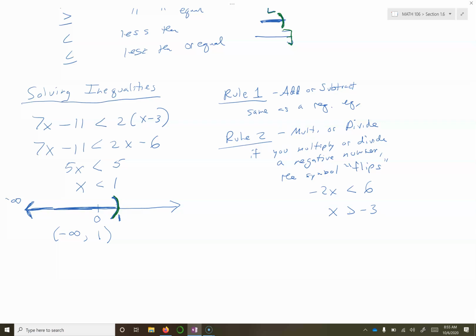The number line solution is obvious. The interval notation would be, again, we always use parentheses for negative infinity or positive infinity, and then comma up to 1, because that's where we ended on the number line. We use a parenthesis again because we do not want to include 1.